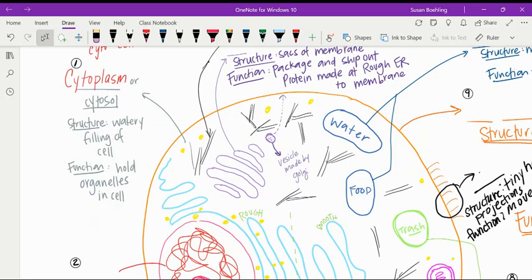The cytoplasm is the medium for many chemical reactions that occur in the cell, and it facilitates movement of the cell. So I would say that you could simply call this the workspace of the cell.